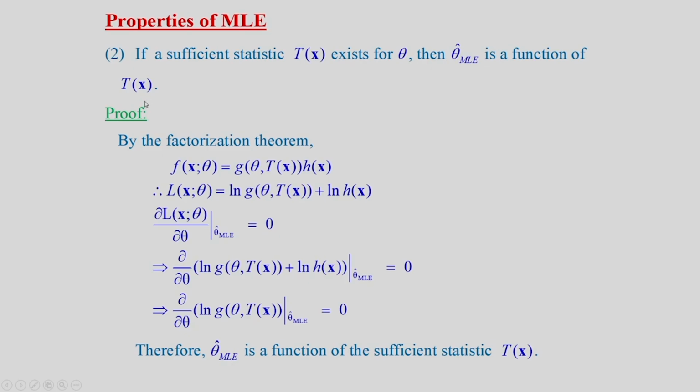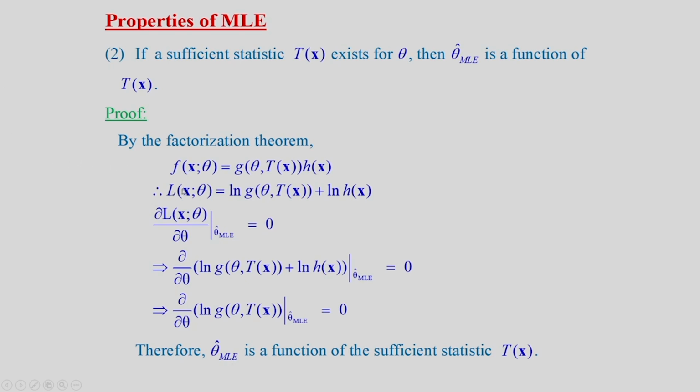This proof is also easy. By the factorization theorem, the likelihood function is a product of g of theta, T(x), and h(x). One part involves this statistic and theta, and the other part is simply a function of x.